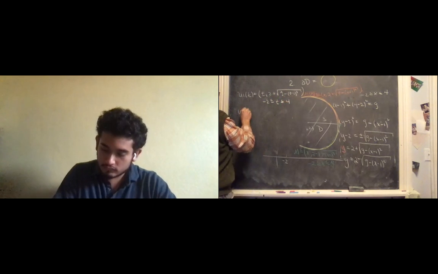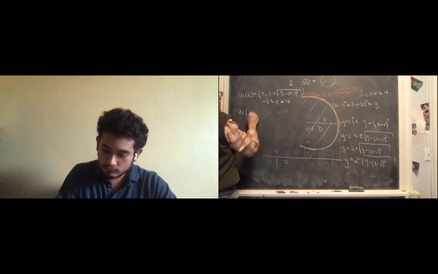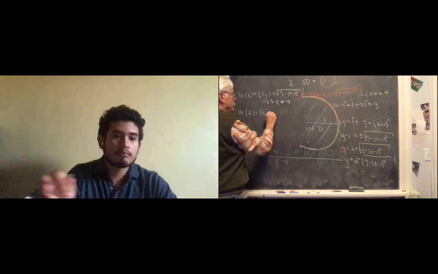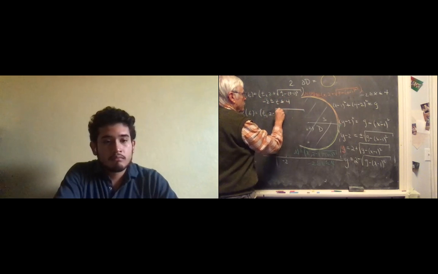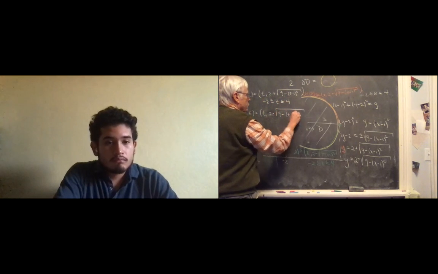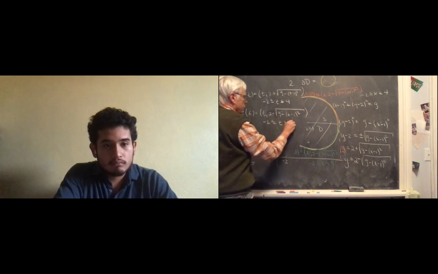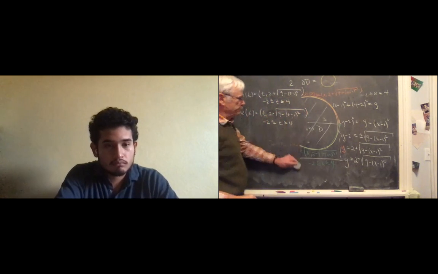And u2, the bottom, of t is equal to t, and then 2 minus the square root of 9 minus (t minus 1) squared. And again, minus 2 less than or equal to t less than or equal to 4. Okay.